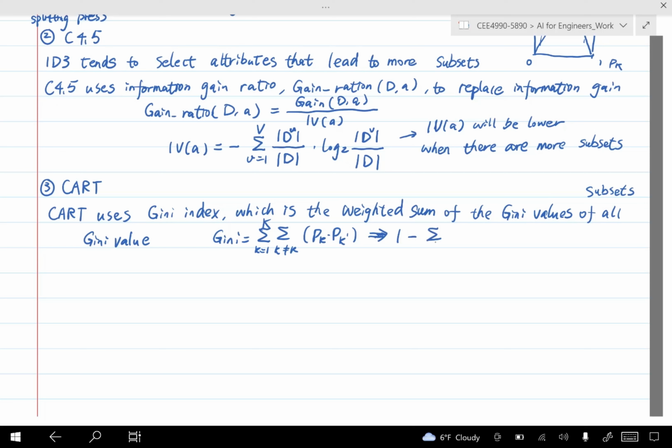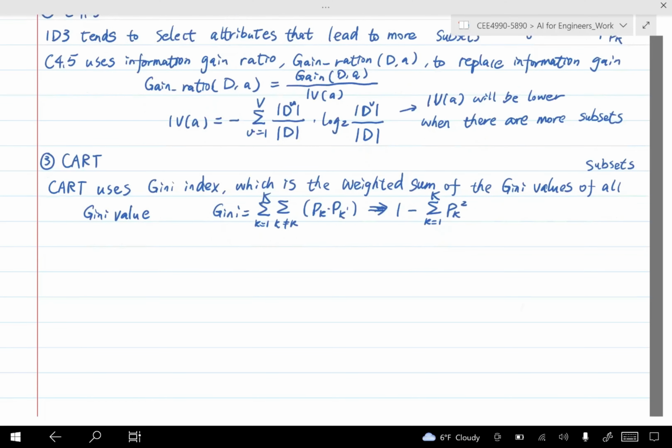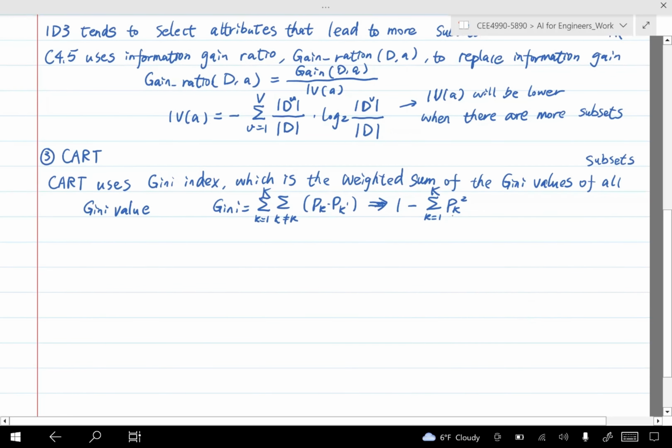If you go to the textbook, you can find how this is done. So you just need to calculate the pk, and then you calculate the Gini value for each subset. And the Gini index is a weighted sum of the Gini values of all the subsets.